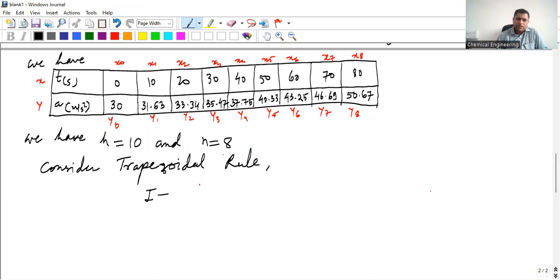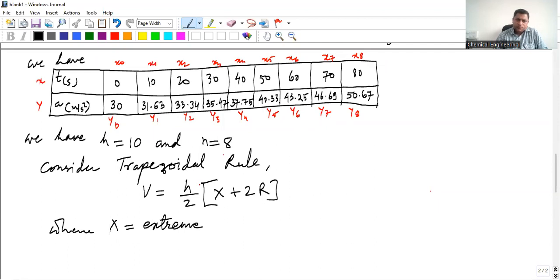So what the trapezoidal rule says is I is equal to, but here I is going to be V, the velocity, equal to h by 2 times X plus 2R, where X is the extreme terms and R is all the remaining terms. Is that okay?